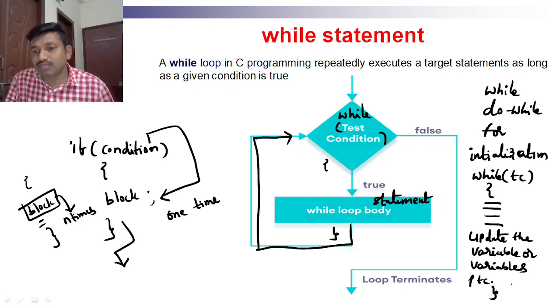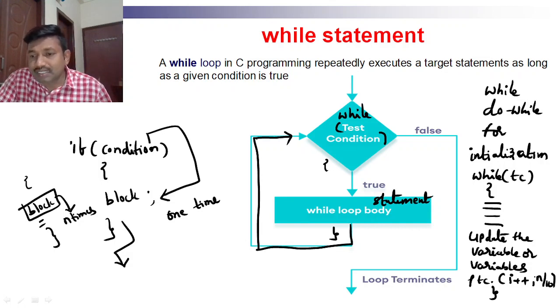Then you close the loop. In programs, you may increment a variable i, or you may reduce the n value, say n by 10, and so on. So you will be updating the variables participating in the expression written as part of the test condition of the while loop. Okay, guys.